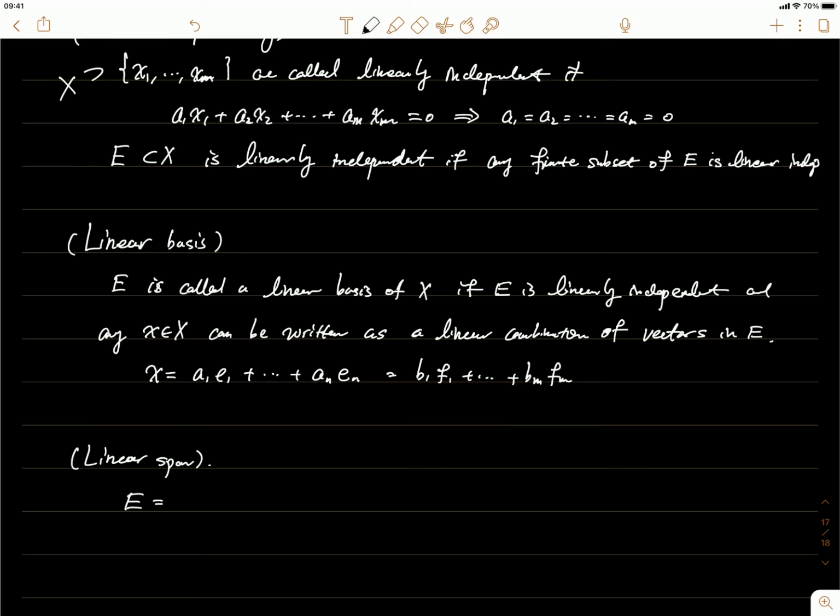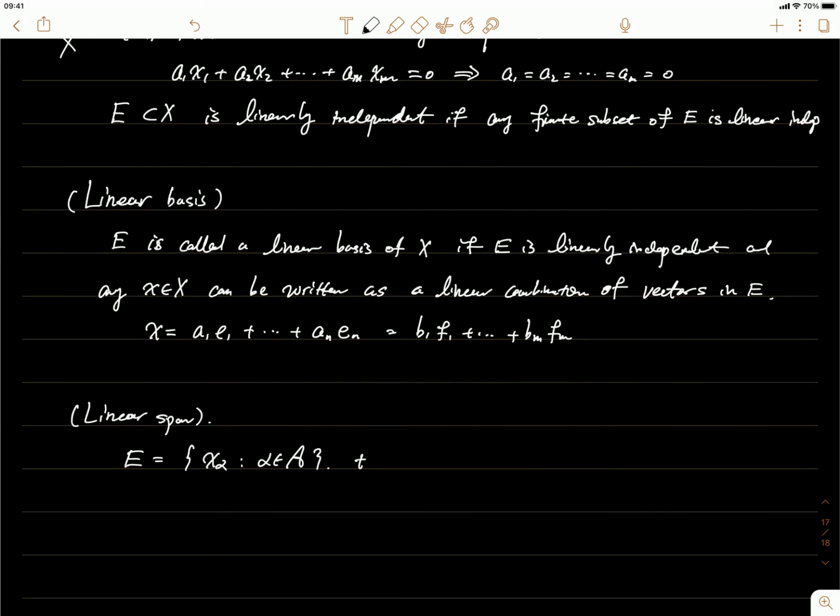Let's say that E is a set of vectors, and the indices are called the set A. Then the linear span of E, denoted span of E, is all possible linear combinations of the vectors in E. So it's a1 x alpha 1 plus ... plus an x alpha n, where these coefficients are from the field and n is arbitrary.